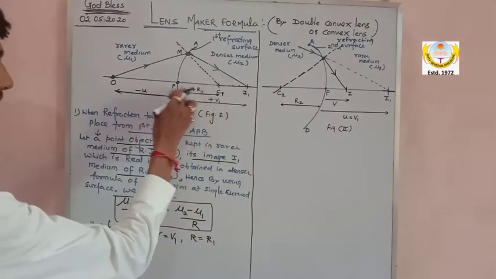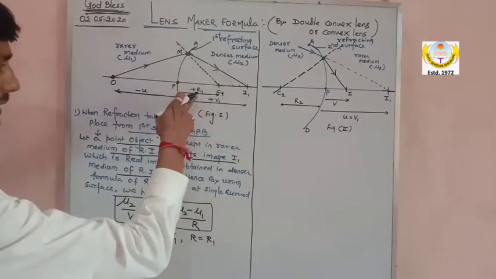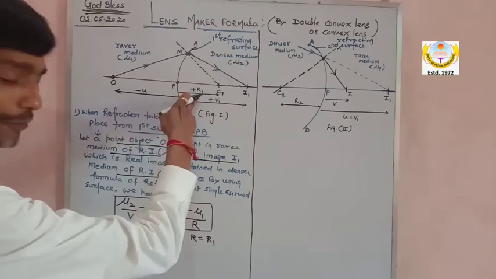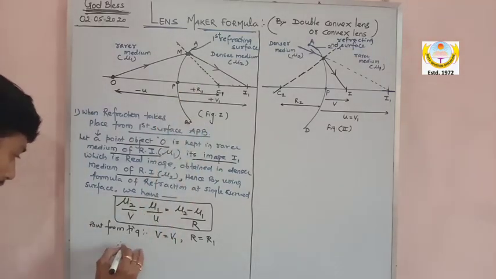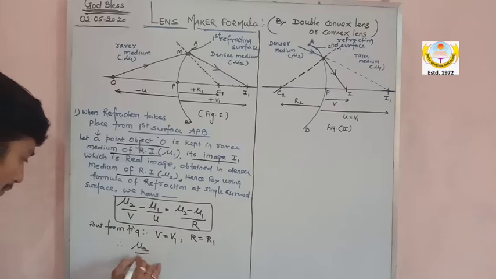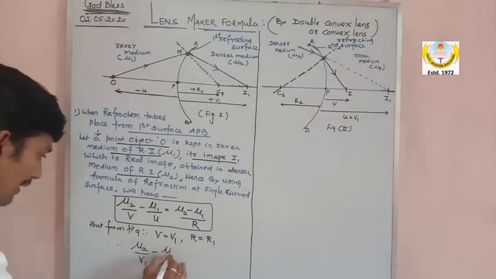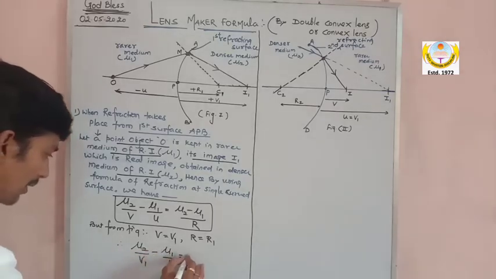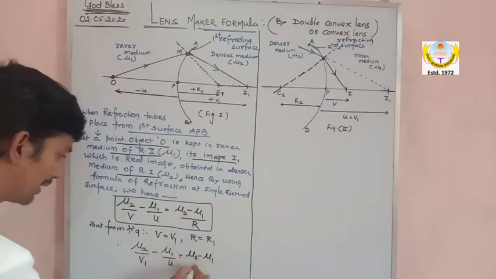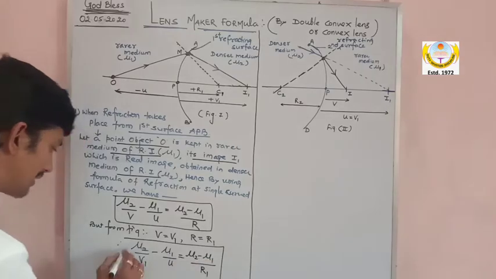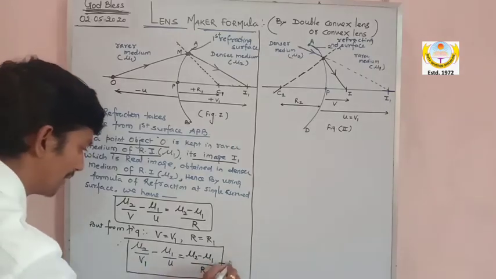R is now R1, because I am taking the first surface, so the radius of curvature is taken as R1. So now what will be the formula? Therefore, this will be mu2 divided by V1 minus mu1 divided by U is equal to mu2 minus mu1 divided by R1. I hope it is clear, and this is equation number 1.